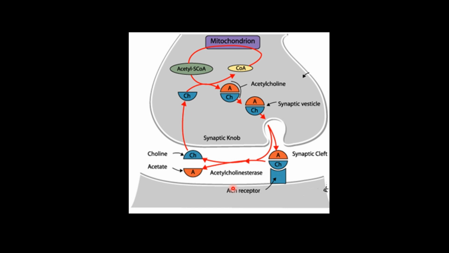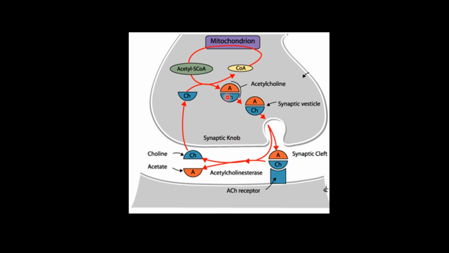Now this is about the cholinergic system, and the neurotransmitter is acetylcholine. This is the form. This is again the neuron. This is the synaptic cleft, and these are the postsynaptic receptors, acetylcholine receptors.